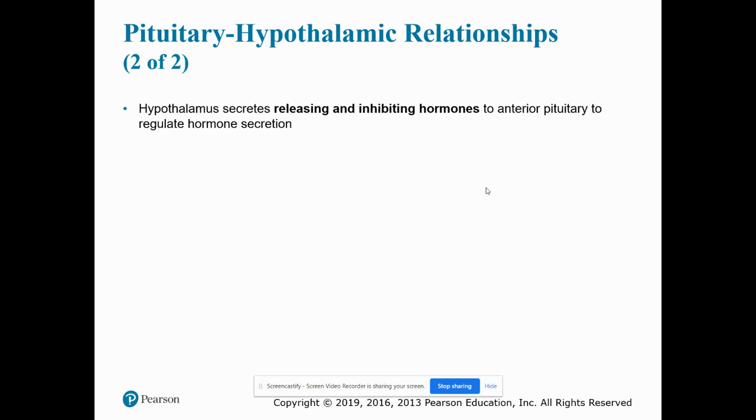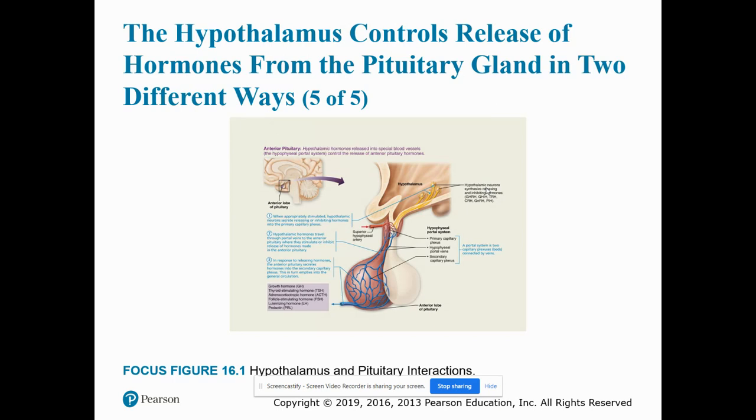The hypothalamus itself secretes releasing and inhibiting hormones to the anterior pituitary to regulate hormone secretion. Scratch that.